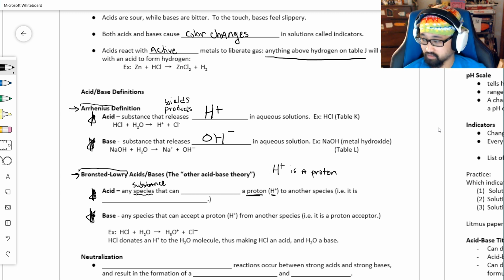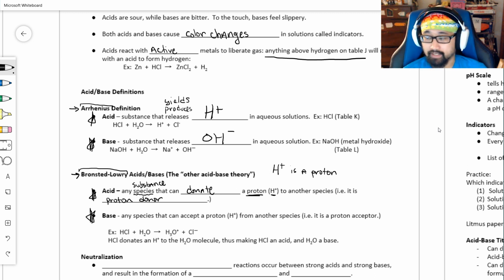Any substance that can donate a proton to another substance is considered an acid. So it is a proton donor. It's able to give them away. Here is a proton, enjoy it. Bases are the opposite. Rather than donating a proton, they will accept it. So they take it in.